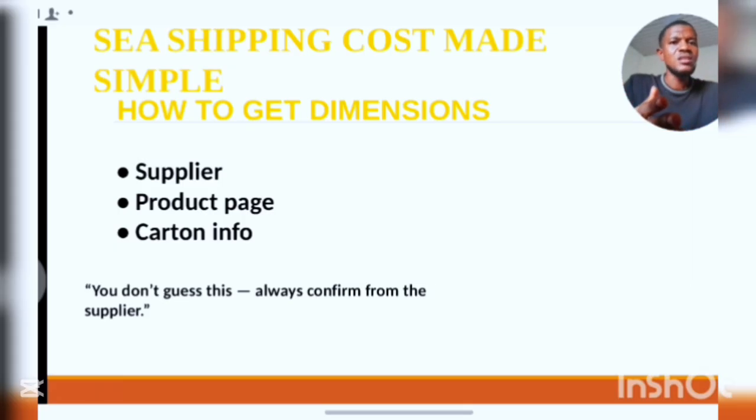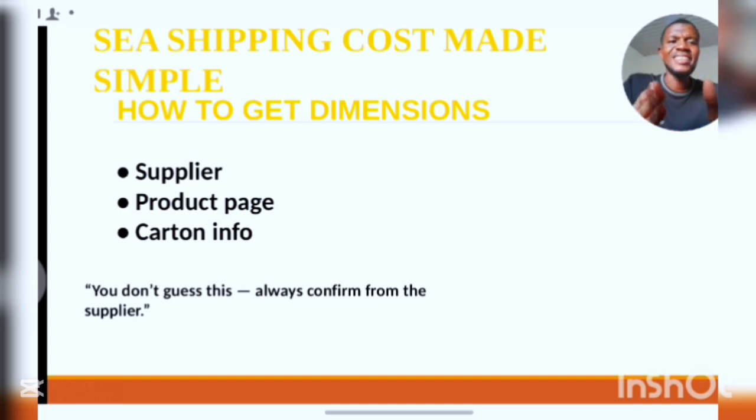One way you get those dimensions is from the supplier. You can just message the supplier, chat the supplier from wherever you got your supplier from, whether from Pinduoduo, 1688, Alibaba, or WeChat, anywhere you got your suppliers.